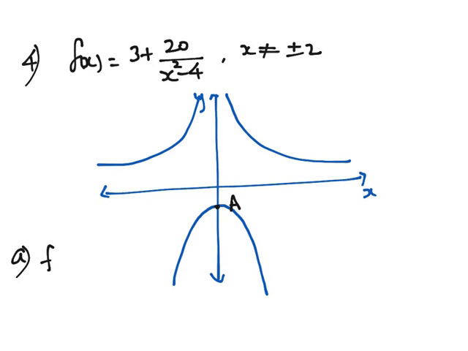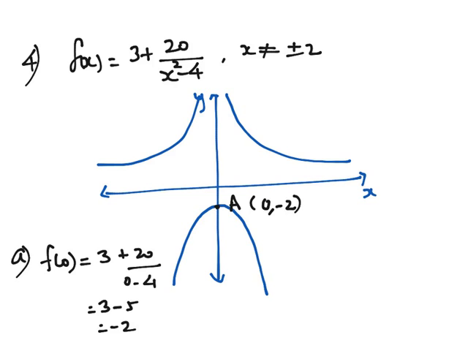So f of 0 is 3 plus 20 by 0 minus 4. That means 3 minus 5, which is minus 2. So the coordinates of A are 0 comma minus 2. So these are the coordinates of A.